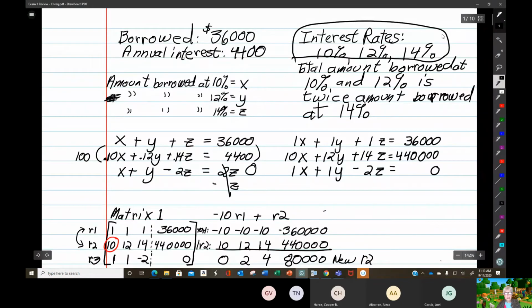Memorize the methods, but not the answers, because usually everybody gets different numbers when they're taking the test. It's rare that you would get exactly these numbers. It would be the same problem, but not the same numbers.